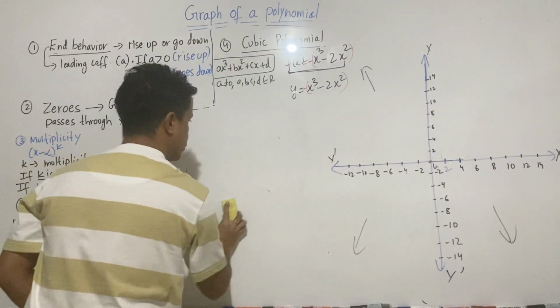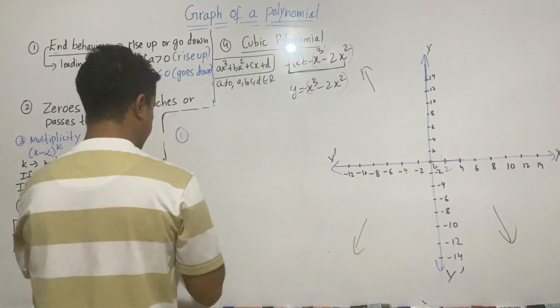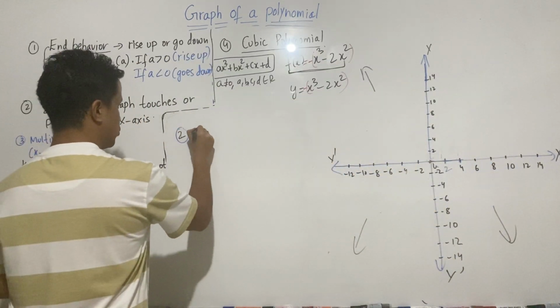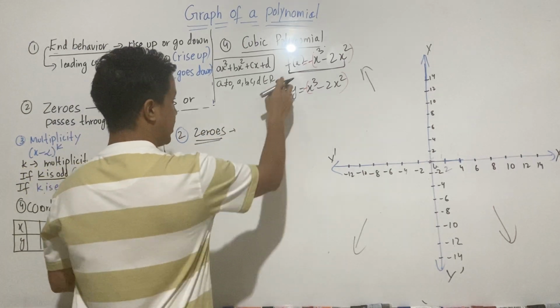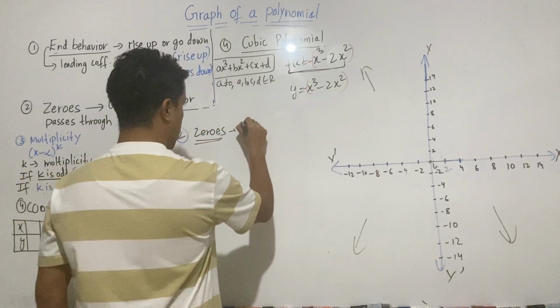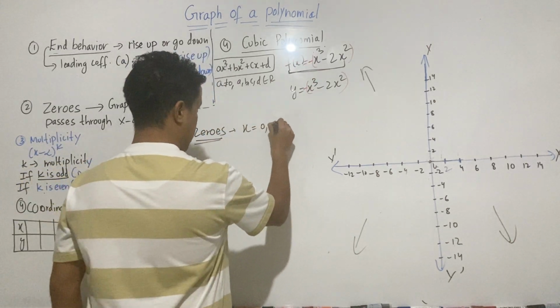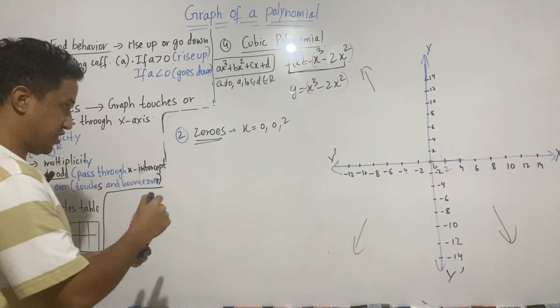Step number two, finding the zeros. We already know the zeros because we just did it without the minus sign. So the zeros were x equal to 0, 0 and 2, right? Step number 3, multiplicity.